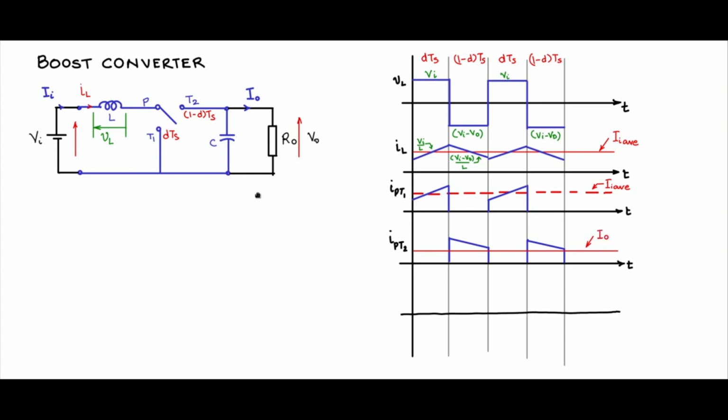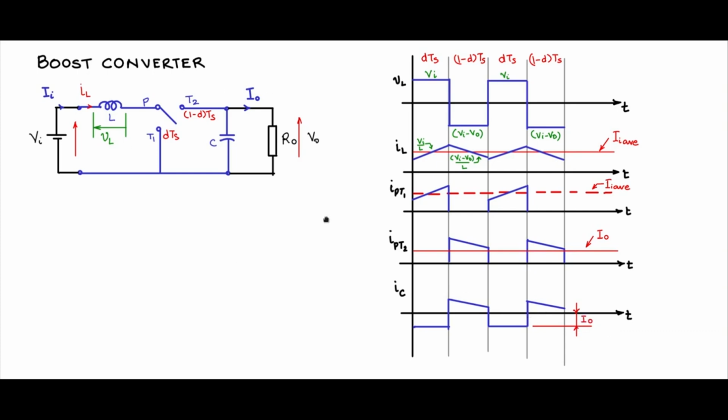What is the current through the capacitance? The current through the capacitance is this waveform, PT2 waveform, shifted down by the average, because the average cannot be any finite value here. It has to be 0. So we have a 0 average current flowing here in this fashion, where the amount by which it has shifted down is I naught.